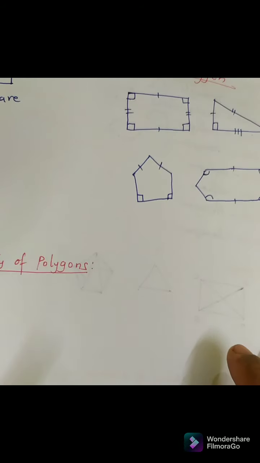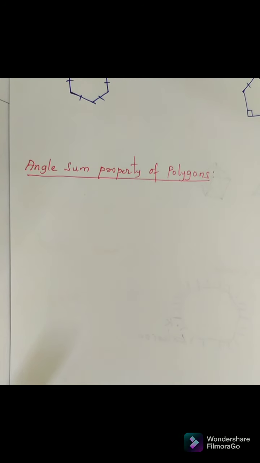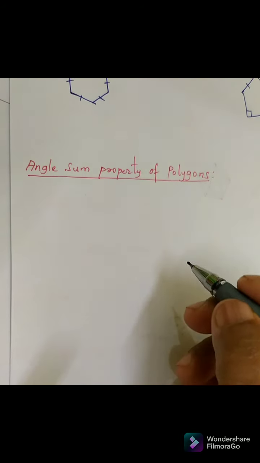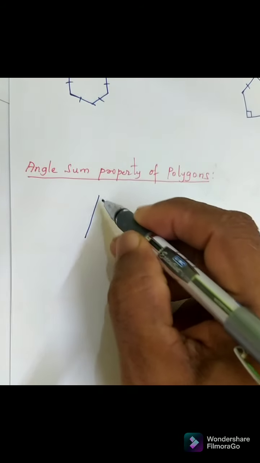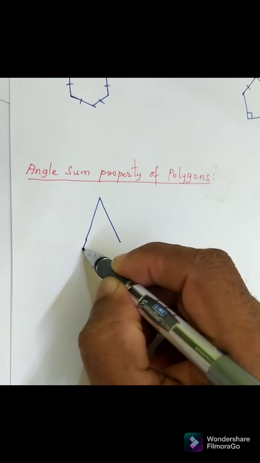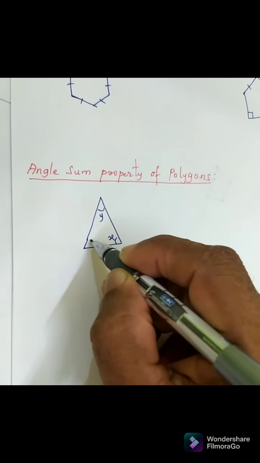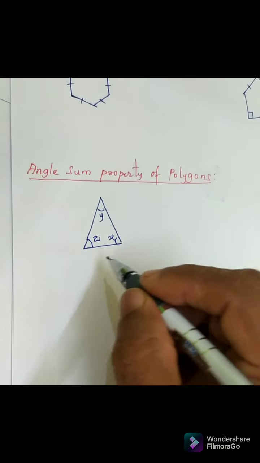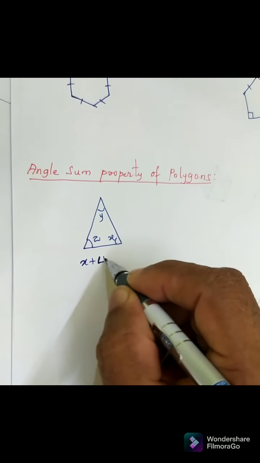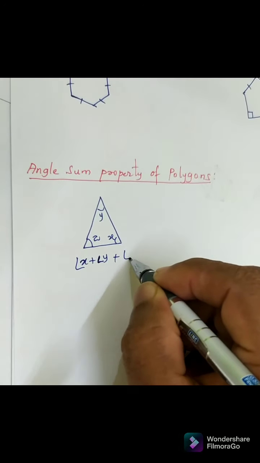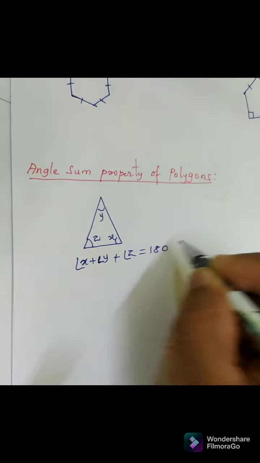Now let us see the angle sum property of polygons. If there is a triangle like this, we say this is x, this is y, and this is z. So angle x plus angle y plus angle z is 180.